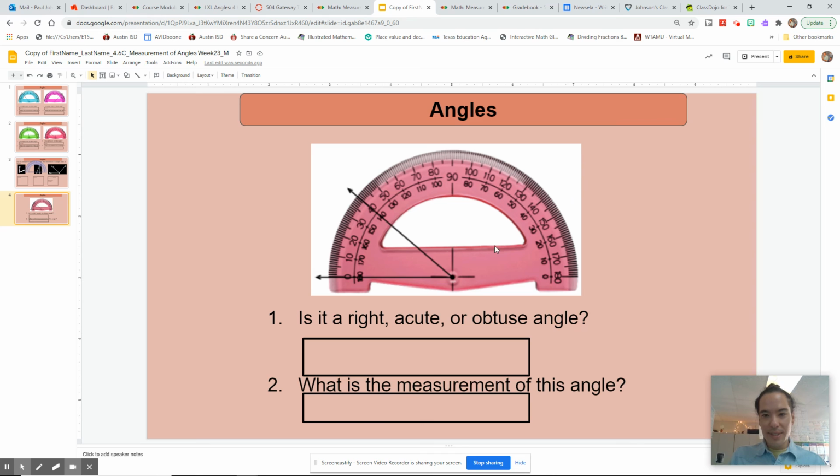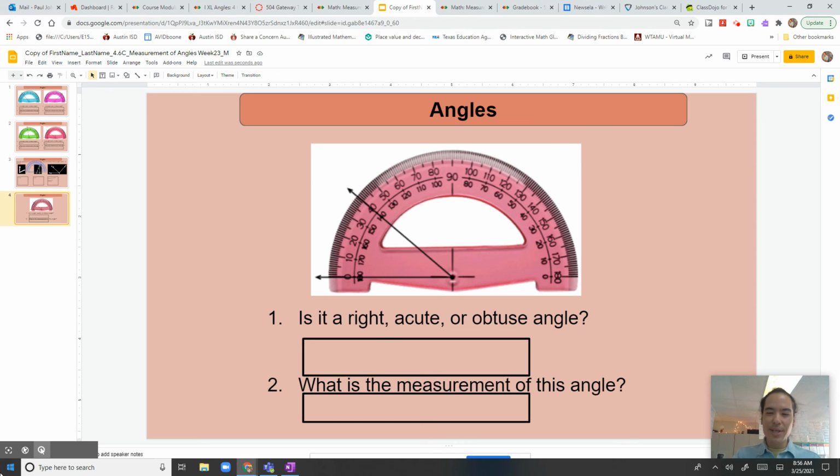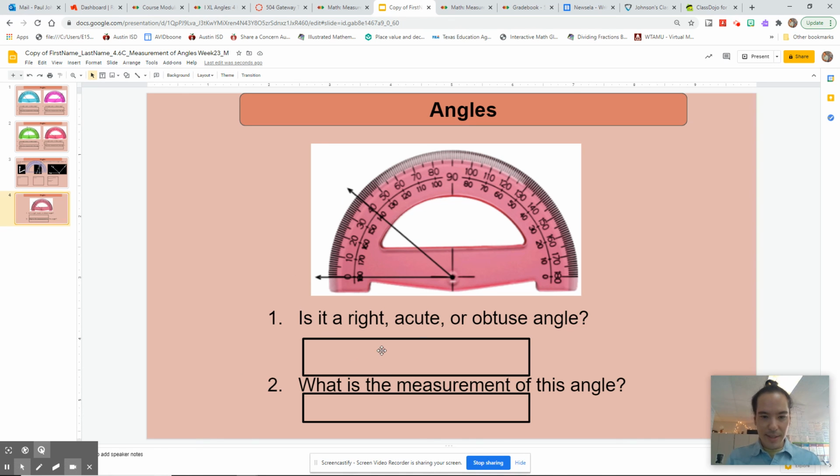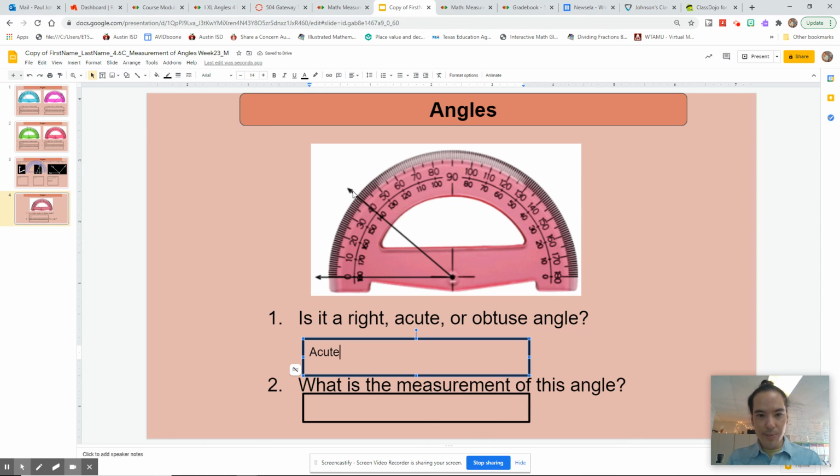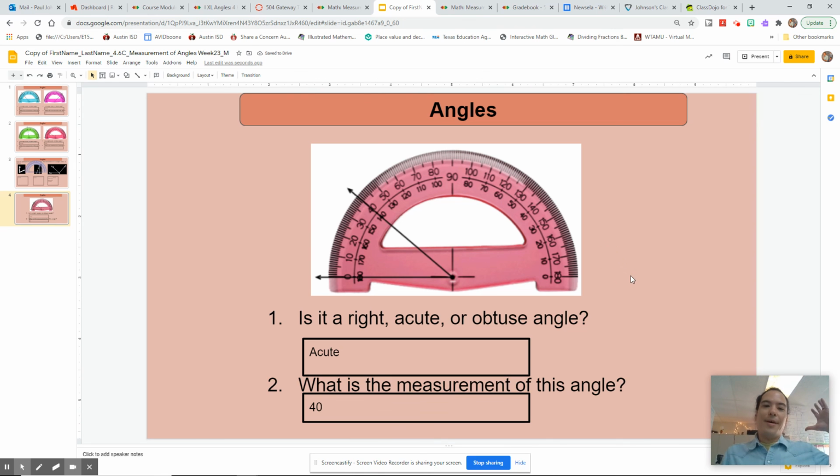If it was greater than 90 degrees, it would be an obtuse angle. But what we're looking at is the angle that is smaller than 90 degrees. So it is an acute angle, and we're looking at the smaller number, so it would be the larger number because it's smaller than 90. So we're looking at a 40-degree acute.